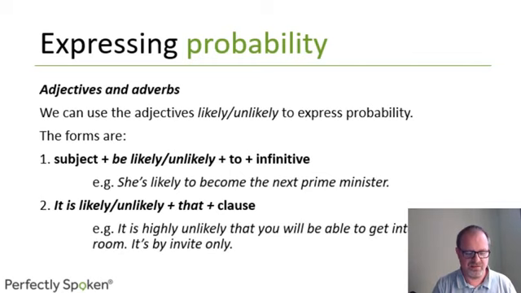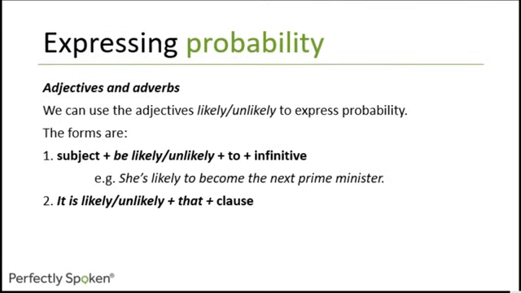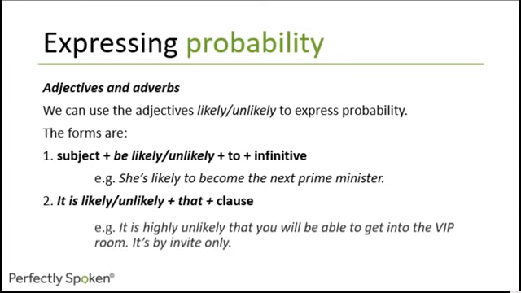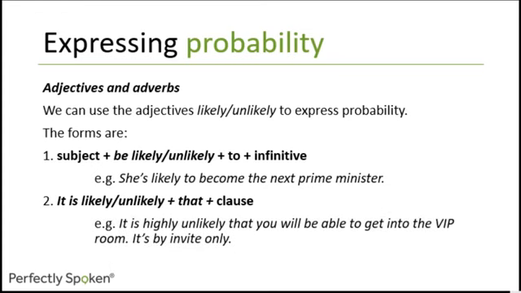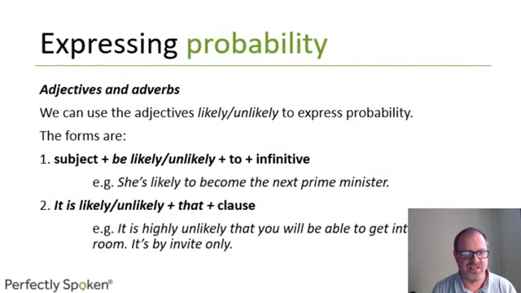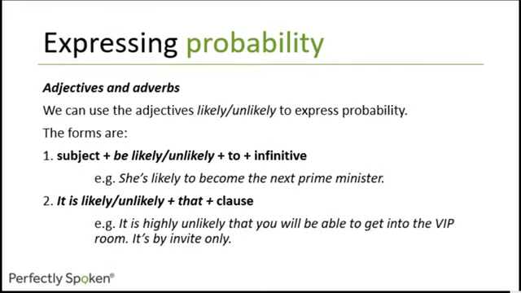I'm going to disappear so you can see it. So here's the example. It is highly unlikely. Highly is just an adverb, an adverb of degree. It's just modifying unlikely, making it stronger. It's highly unlikely that you will be able to get into the VIP room.